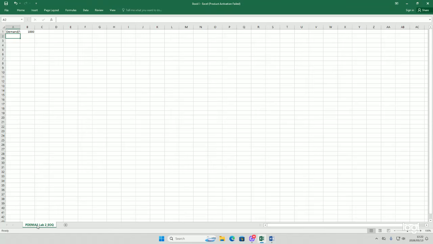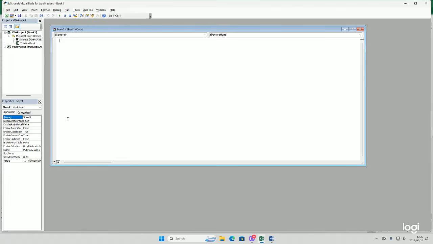You right click and say view code, then do this drop down from general to worksheet, and here you type in cells.entire column.auto fit. There's no spacing between entire and column. Okay, now you are done.